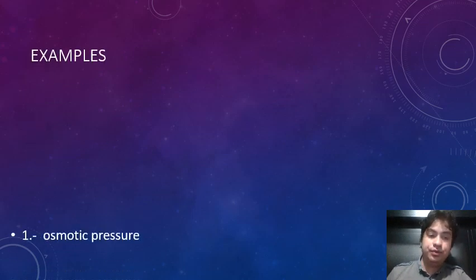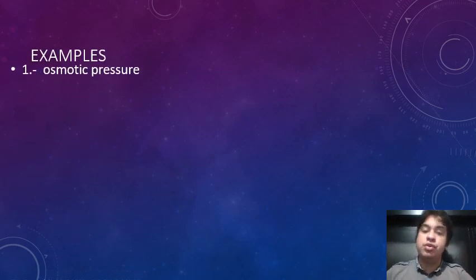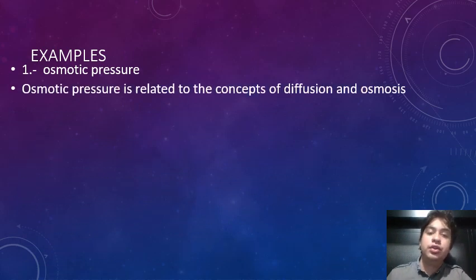Okay, there exist seven colligative properties. The first is osmotic pressure. What is osmotic pressure? It is related to the concept of diffusion and osmosis.